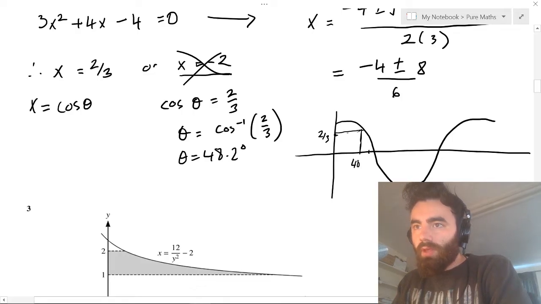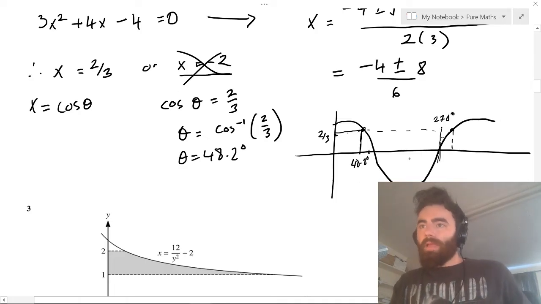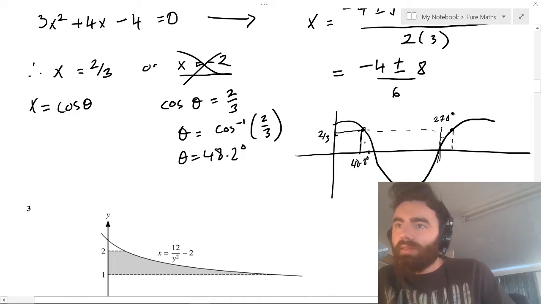So this is our 48.2 degrees at this point. So this is when cos theta equals 2/3. We also get another solution here. So we keep going across and we get another solution here. We know that this is 270 degrees. And because it's symmetric, that means that this distance here between this and 90 degrees is the same as this distance here to our second solution.